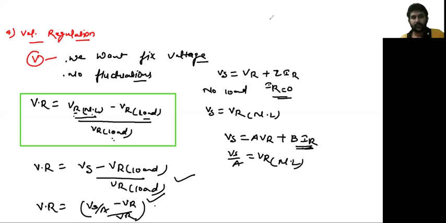Now let's summarize all the things that we have studied. First, we got to know the equations for the short transmission line: Vs is VR plus Z IR, and Is is IR.